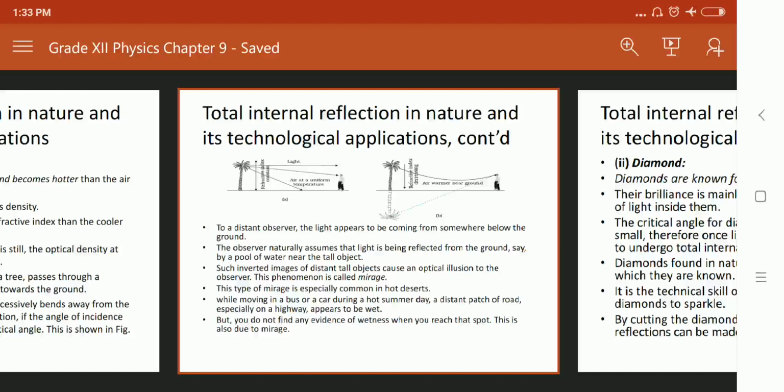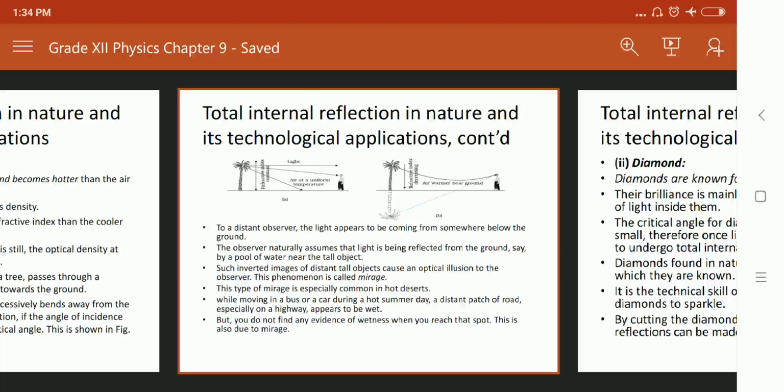Such an inverted image of distant tall objects causes an optical illusion to the observer that is known as mirage. As we can see the mirror image in the water, this is based on this concept. The actual object won't be available, but we can observe the illusion based on that light refraction. So in that case, light is being reflected from the ground, and by the pool, the tall object generates the image. That is known as a mirage.